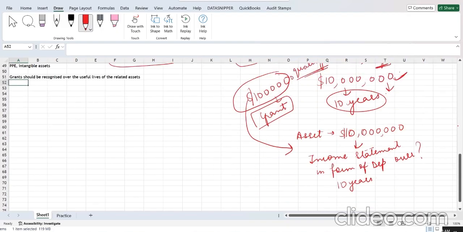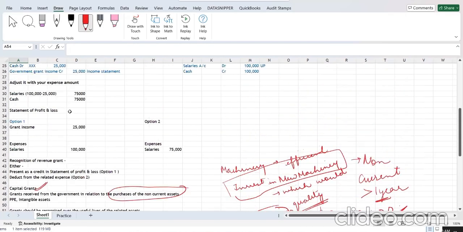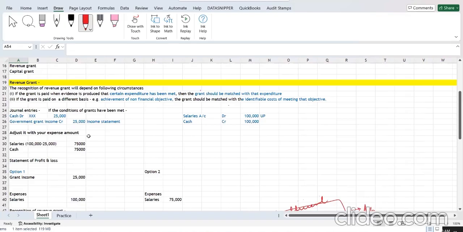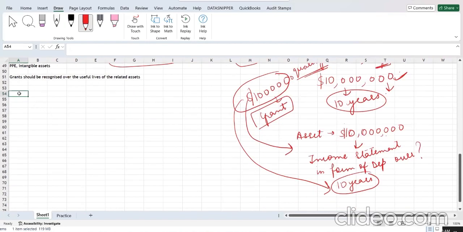So if my 10 million will be depreciated over 10 years, then my grant should also be recognized in the financial statements over the period of 10 years, right? So how do we recognize that?